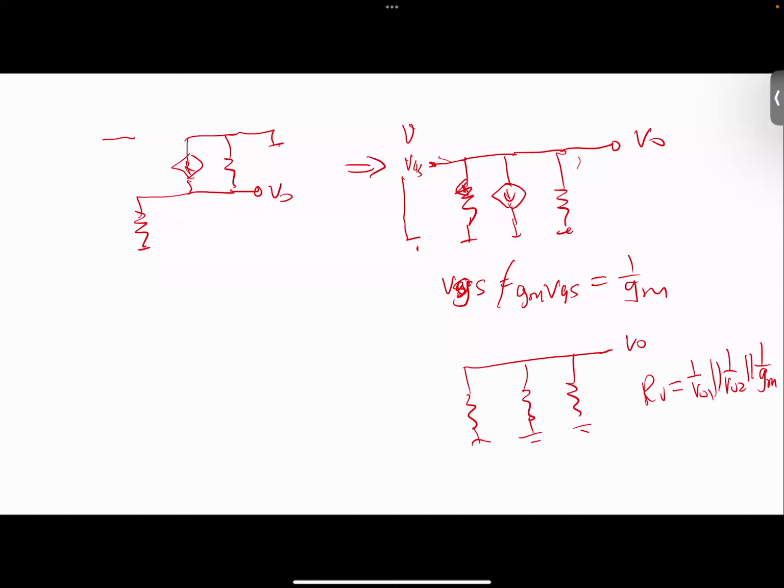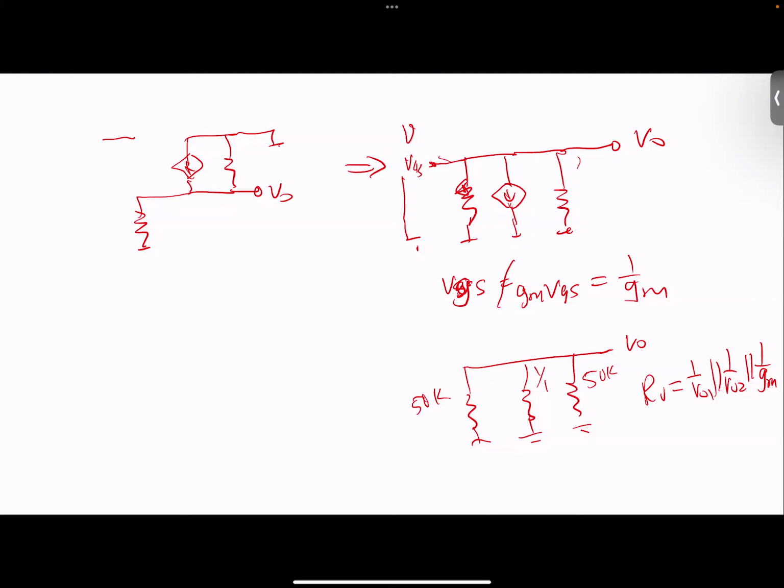Okay, so now remember, RO2 and RO1 are quite large. So this is like 50K, for example, and this is 50K. And the middle, 1 over GM, is 1 over 1 milli, which means it's about 1K. So 50K, 1K, when you put all this in parallel, those two 50K are basically gone.